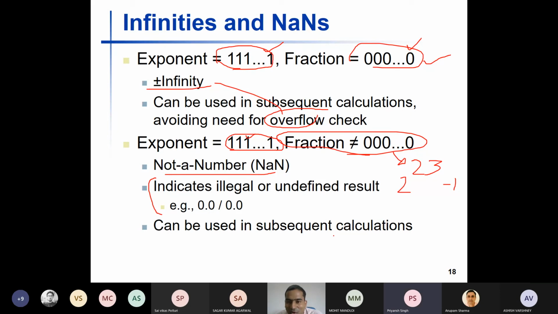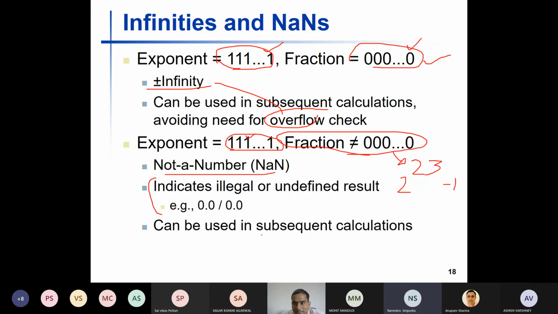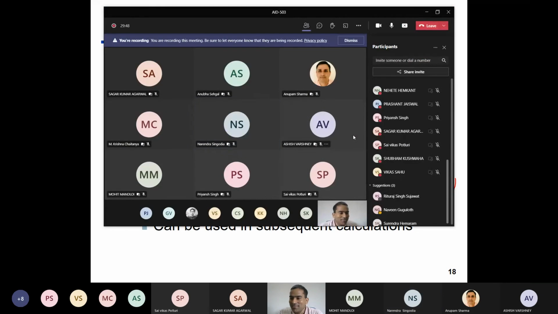This is a simple permutation combination question. Yes, Narendra. Total number of combinations is 2 to the power 23, and one is reserved for all 0 for infinity, so we subtract it. Yes, this is a simple permutation combination. I think you probably did not read that.